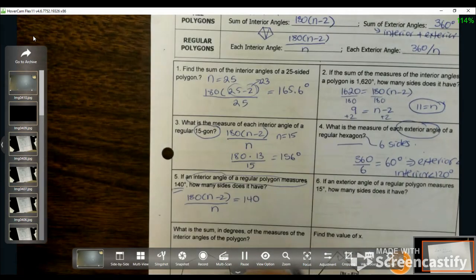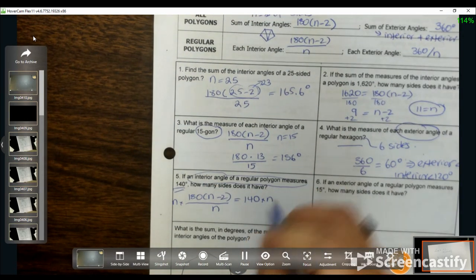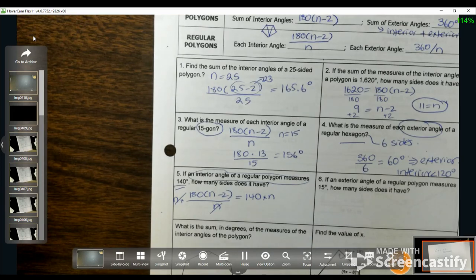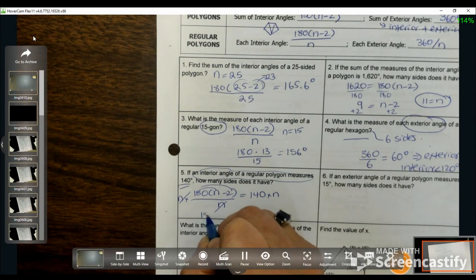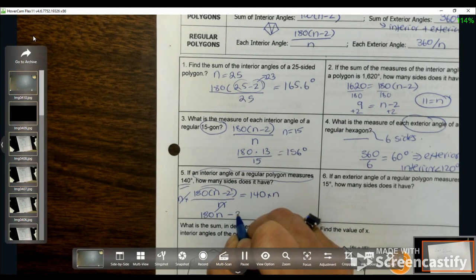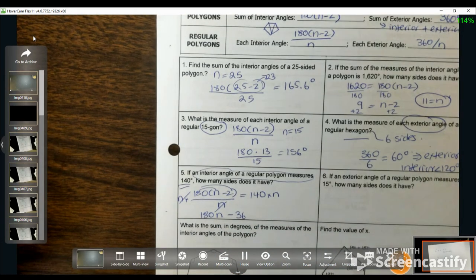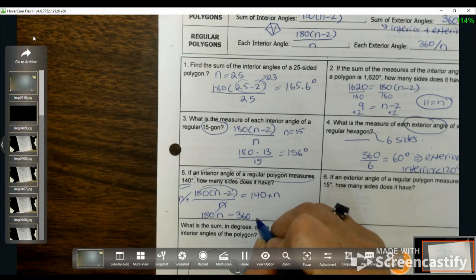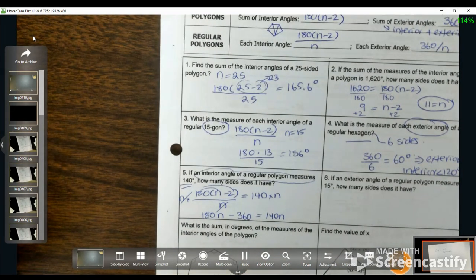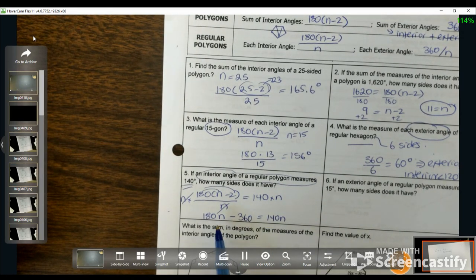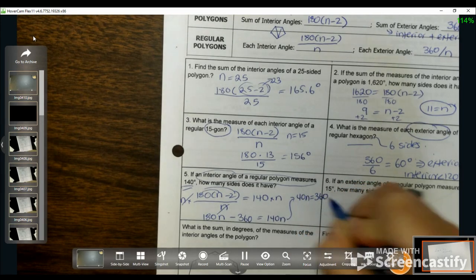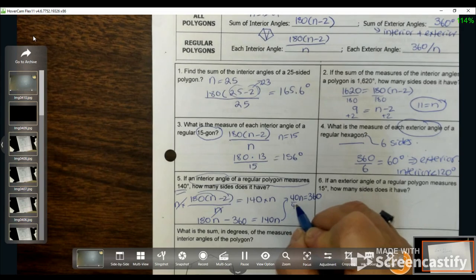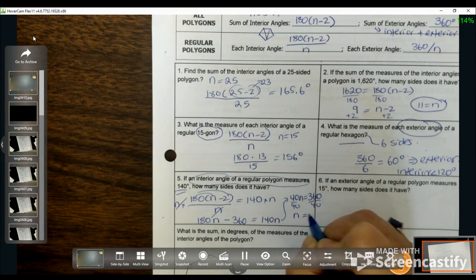I'm going to multiply by n on both sides, and the n's cancel over here, and now I'm going to distribute over here. So I have 180n - 360 is equal to 140n. Okay, when you subtract 140n, you get 40n is equal to 360. And now I'm going to divide both sides by 40. I get n is equal to 9.